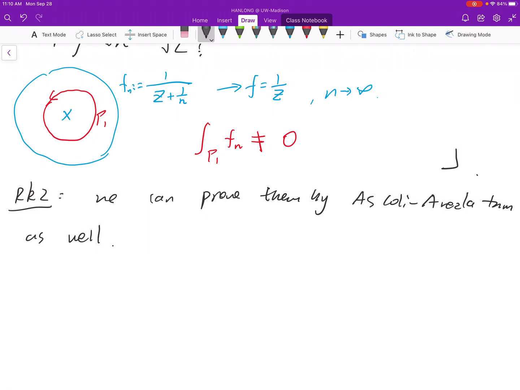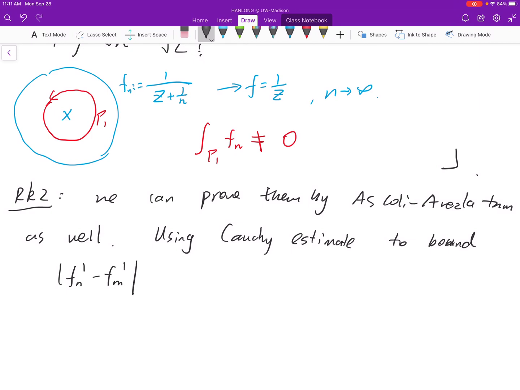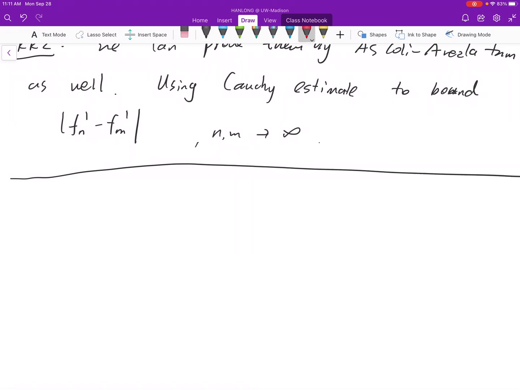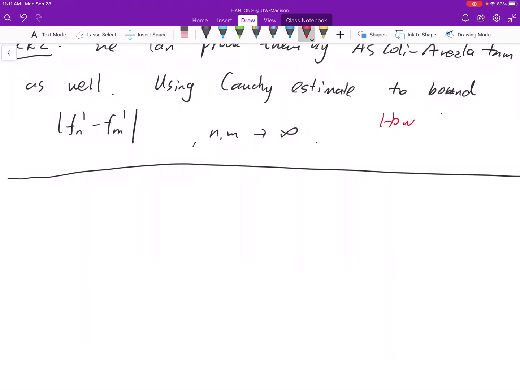Then you need to use a little bit of mathematical analysis, and here the crucial thing will be using the Cauchy estimate to bound the difference of the derivatives when n and m go to infinity. Probably you can think about how to prove it in this way.